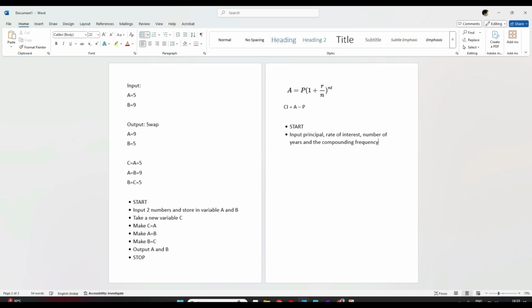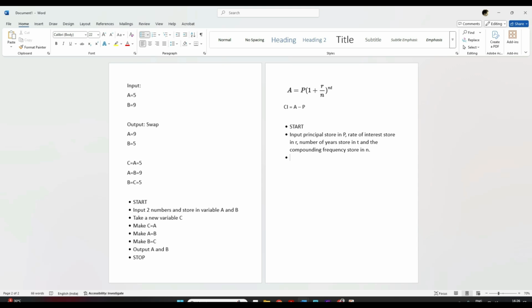Maybe we can write it here only directly. Input principal, store in P, rate of interest, store in R, then number of years, store in T, correct? And the compounding frequency, store in N. Okay, so these are my inputs.